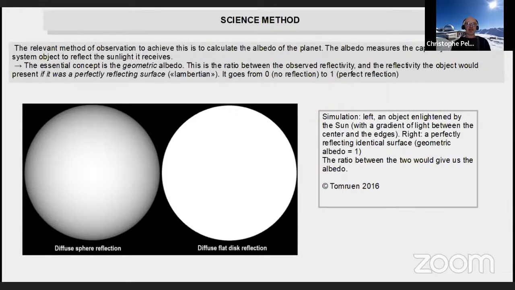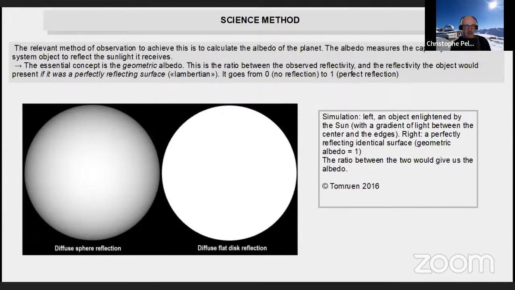The albedo measures the capacity of a solar system object to reflect the sunlight it receives. The essential concept is the geometric albedo. This is the ratio between the observed reflectivity and the reflectivity the object would present if it was a perfectly reflecting surface, and the albedo goes from 0 to 1.